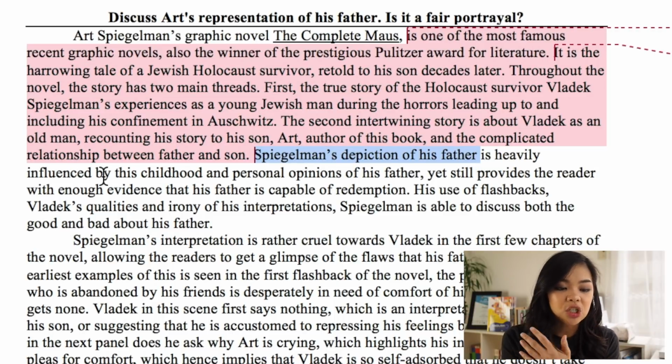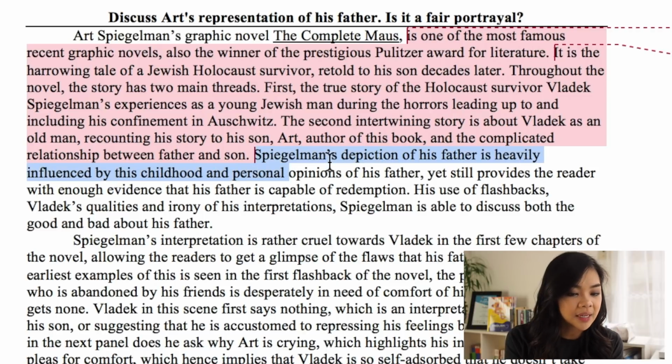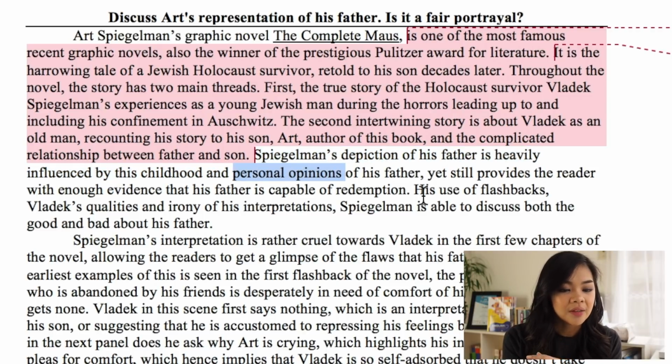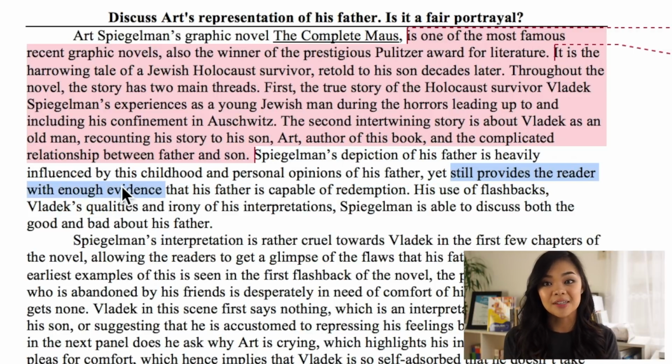It's influenced by his childhood and personal opinions, and so this obviously shapes the way that the reader sees his dad, and so that links back to portrayal as well. So I think that's quite good. We definitely want to see that earlier on if you can. Try to establish this fact earlier.